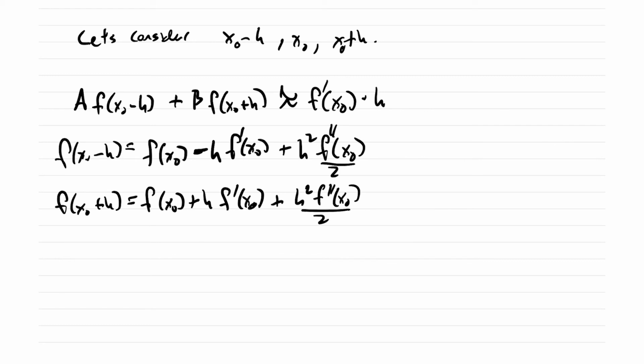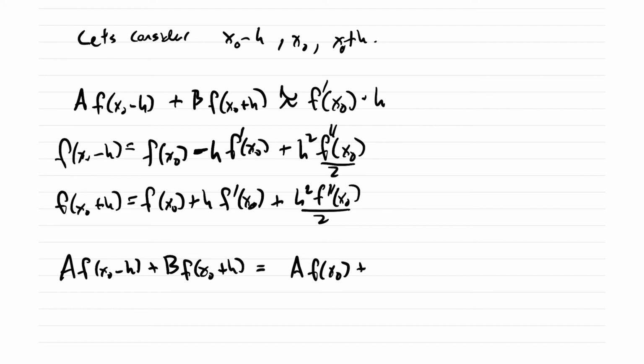And so ultimately I get a f of x naught minus h plus b times f of x naught plus h is equal to, so we're going to have a times f of x naught minus ah times f prime at x naught plus a h squared f double prime of x naught divided by 2.